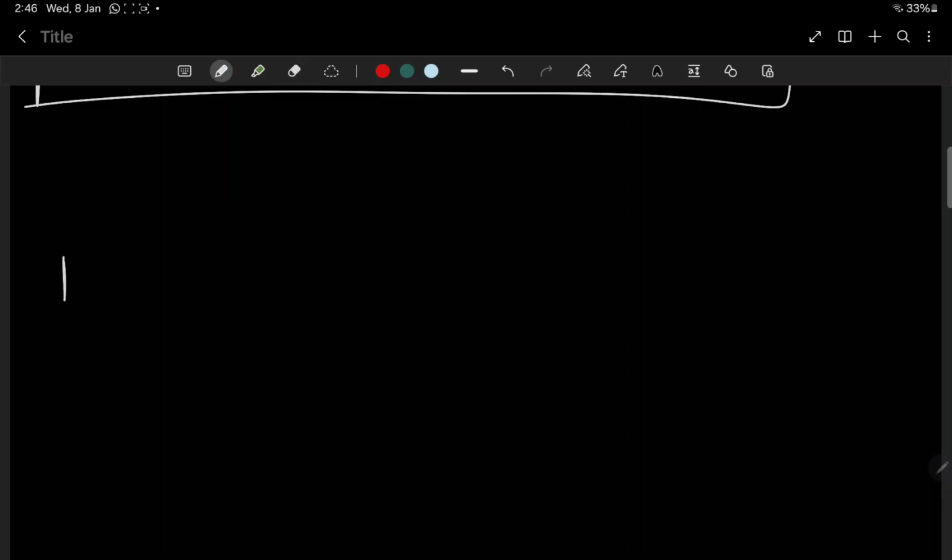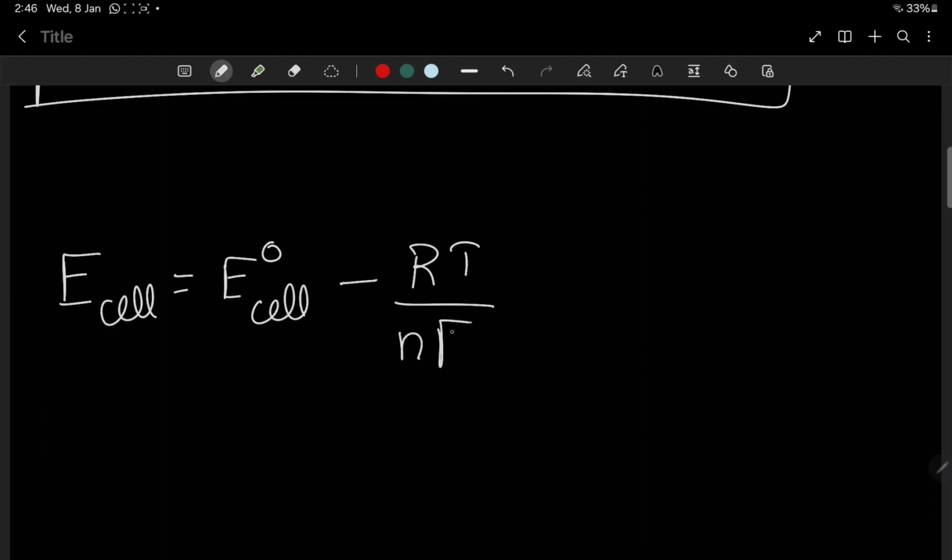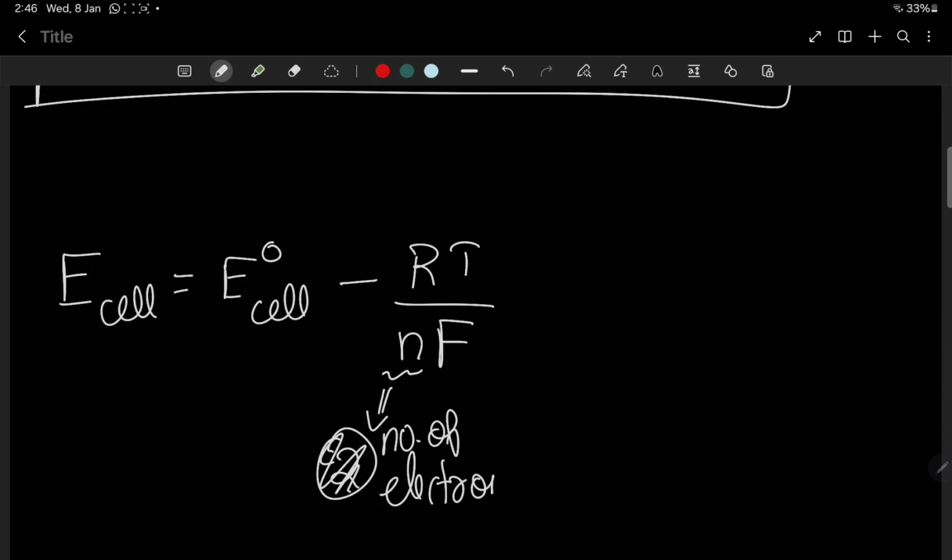So generally we can write E of a cell equals E naught of that cell minus RT by nF. n is the number of electrons involved, that is just 2 for Zn2+. F is Faraday's constant, that is 96500 coulomb.